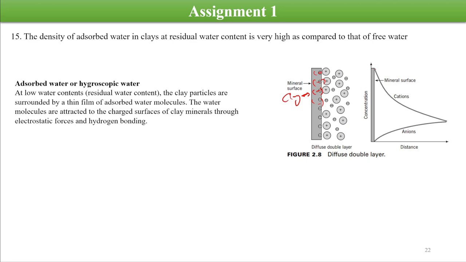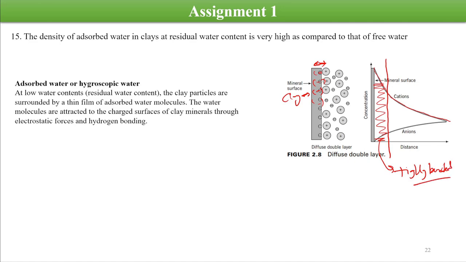So the cation concentration at the surface will be very high and keep decreasing as we go far away from the surface. This force is basically the electrostatic force between negatively and positively charged particles. That's why in this region the adsorbed water molecules will be very tightly bound.